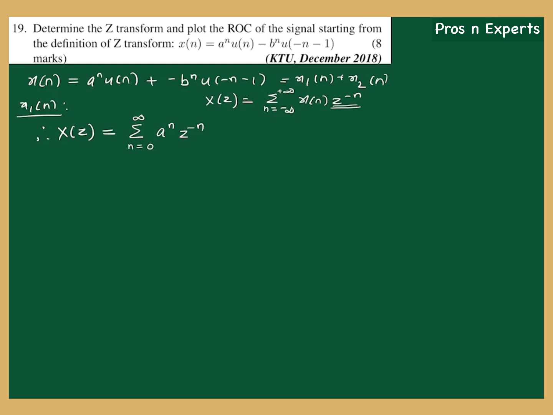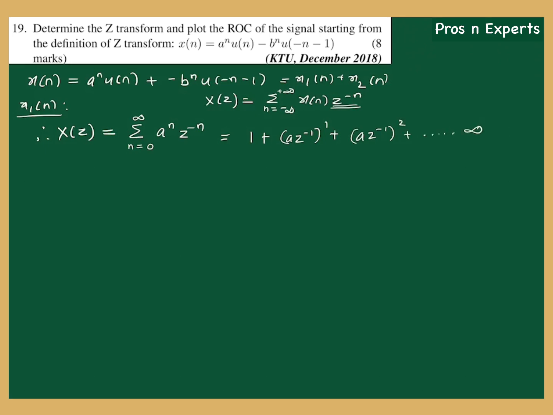Okay, so this is equal to, we don't have any other option but expanding the sigma. When you substitute n equal to 0, a raised to 0 into z raised to 0 is 1, plus n equal to 1 means a z inverse raised to 1, plus n equal to 2 means a z inverse to the power 2, plus etc., and goes to infinity.